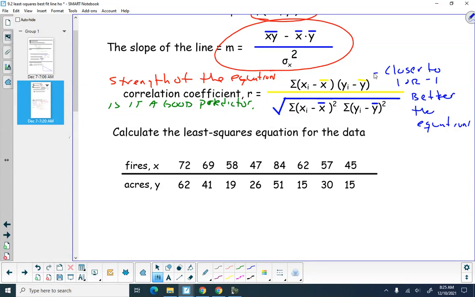The closer you are to 1 or -1, the better you're going to be with your correlation coefficient, or your strength of the equation. You will only be between 1 and -1. You won't go above 1, and you won't go below -1 with the correlation coefficient.